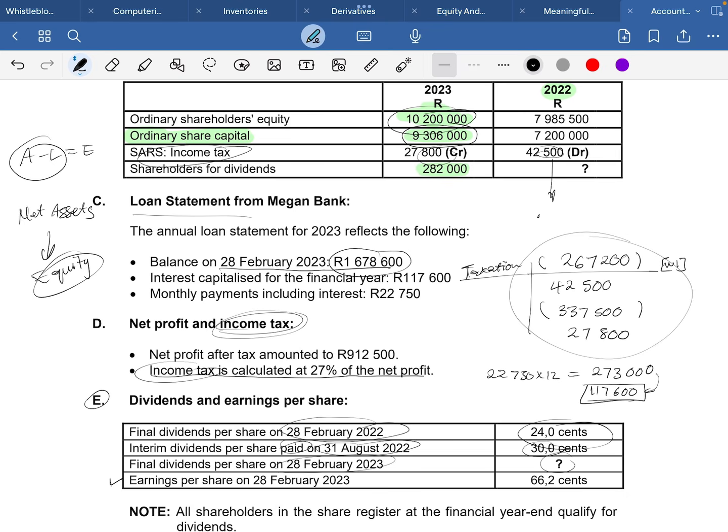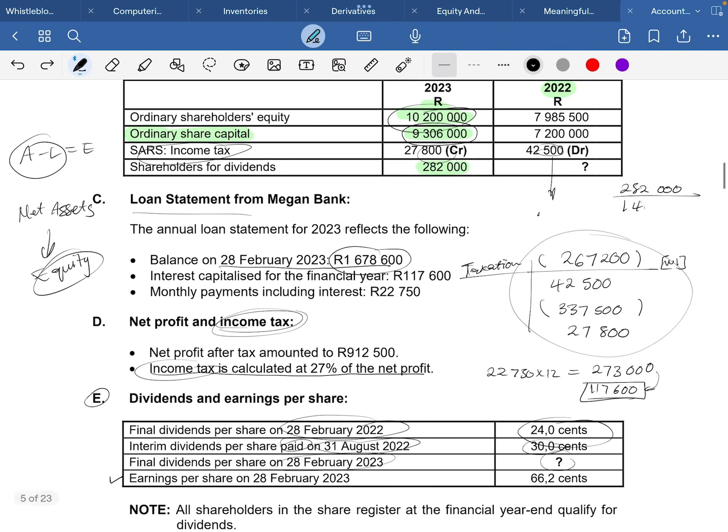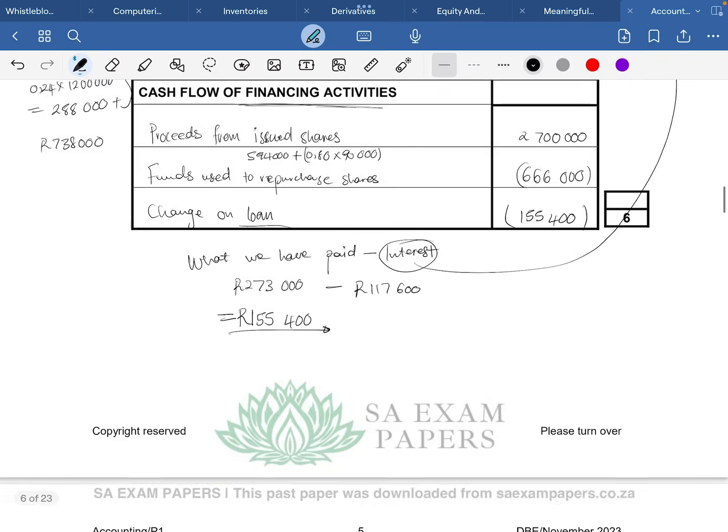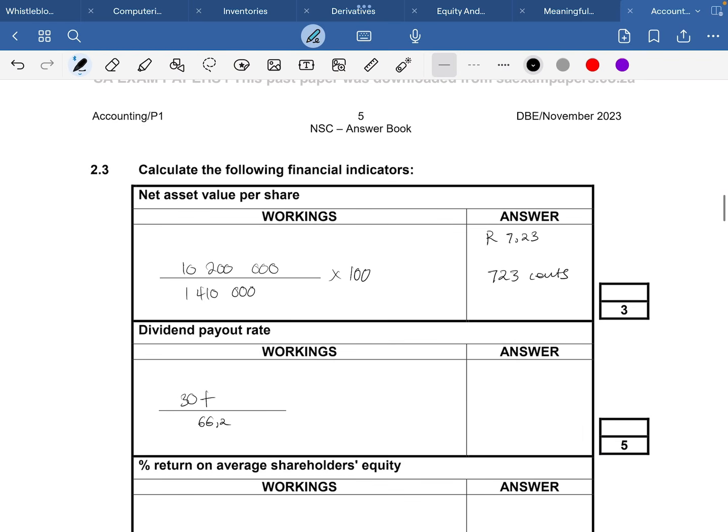So the final dividends per share we could just say 282 divided by 1,410, because there were 1,410,000 shares at the end. So 282 divided by 1,410,000 gives 0.2, so that's 20 cents per share. And then you just add it to this.